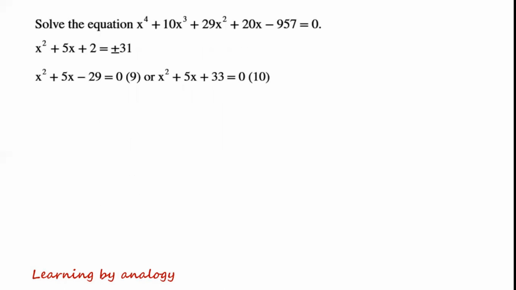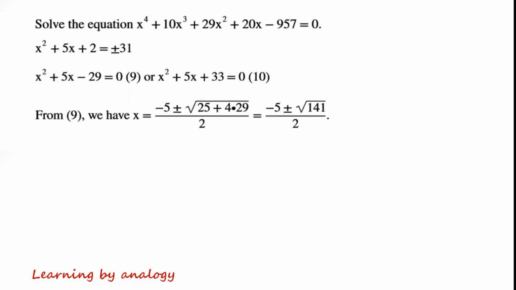So either x squared plus 5x minus 29 equals 0, or x squared plus 5x plus 33 equals 0.